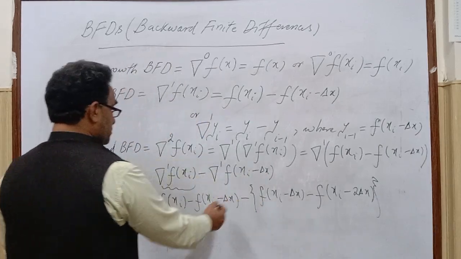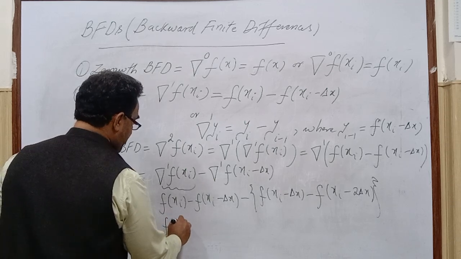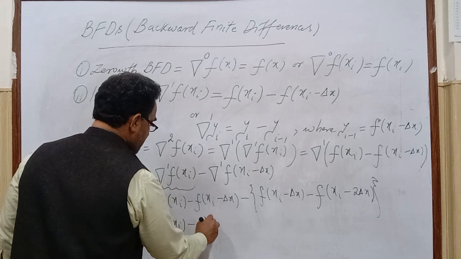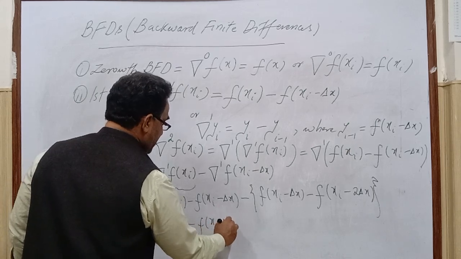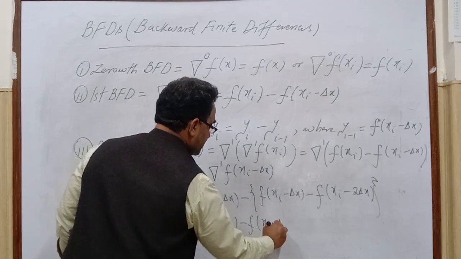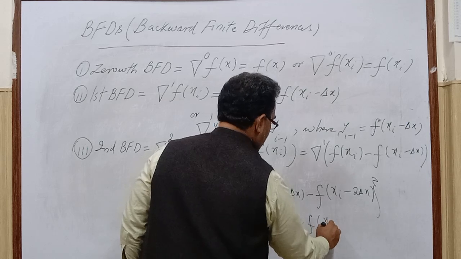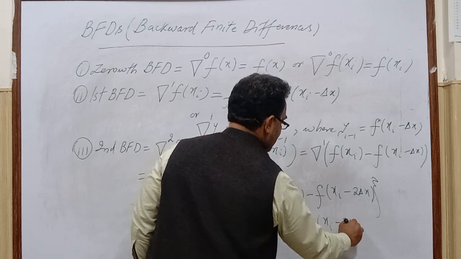Okay, so our bracket can be opened. This is f of xi minus f of xi minus delta x minus f of xi minus delta x plus f of xi minus 2 delta x.